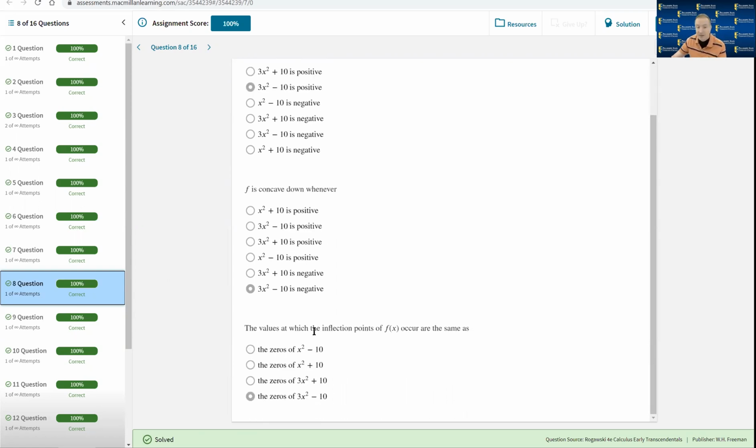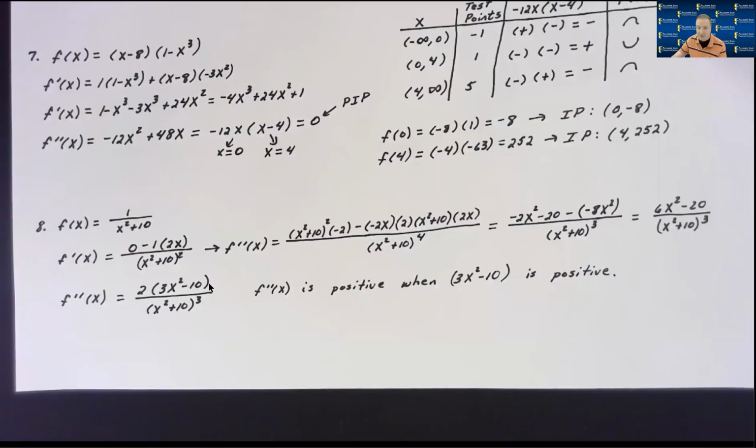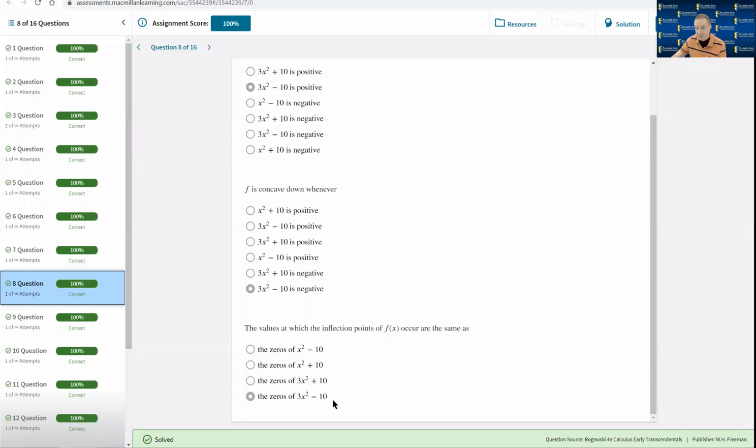And then the values at which the inflection points occur, remember, are when the second derivative is equal to 0. The second derivative can equal 0 if and only if 3x squared minus 10 is equal to 0. So they're just saying, well, it's the zeros of 3x squared minus 10. That's where your inflection points will be.